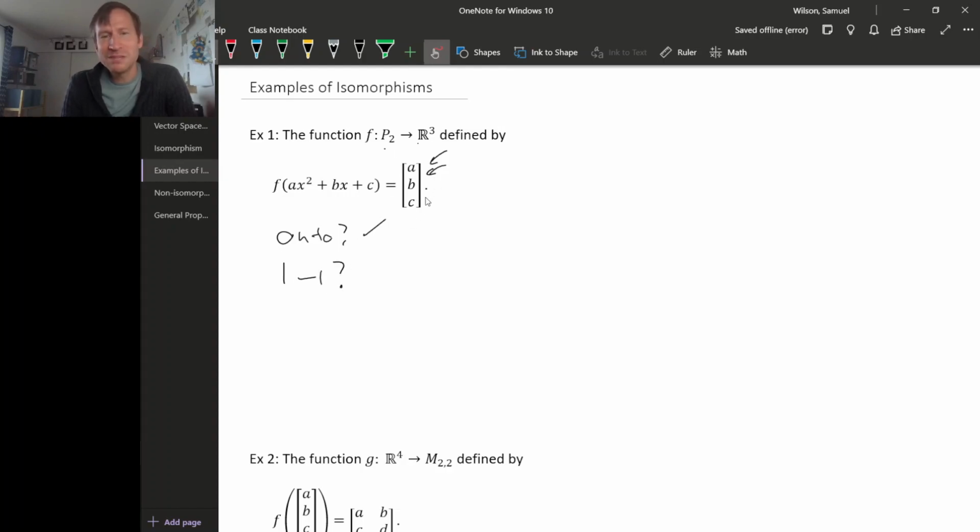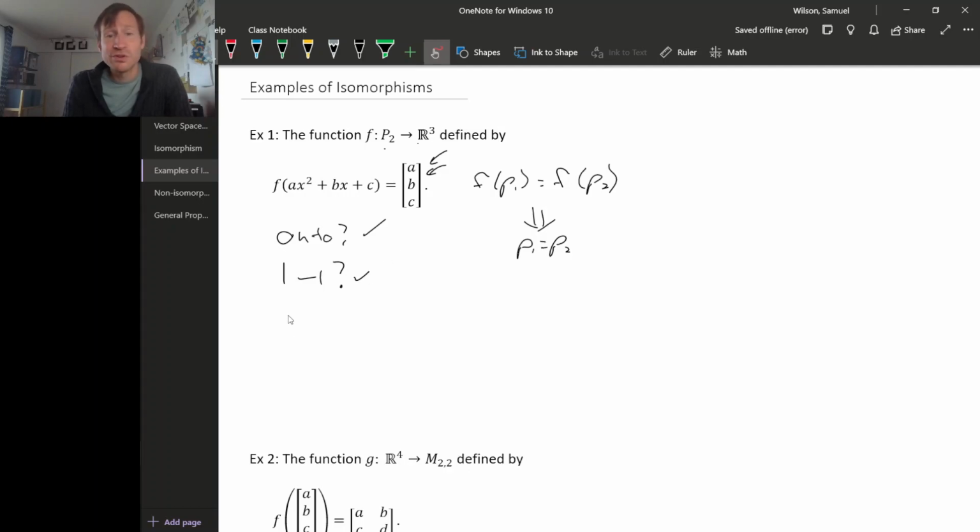Well, if you have two polynomials and they have the same output, the only way that can happen is if the polynomials had the same coefficients to begin with, but polynomials that have the same coefficients are equal polynomials. So if the output of this function is the same, that implies that the input was the same to begin with, and that means it's one-to-one.